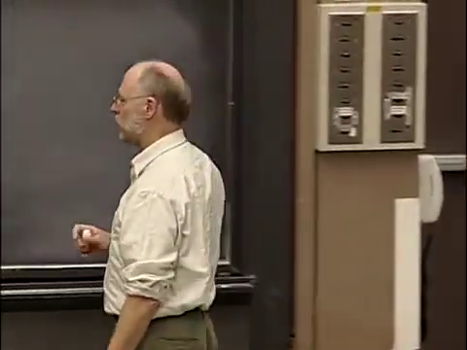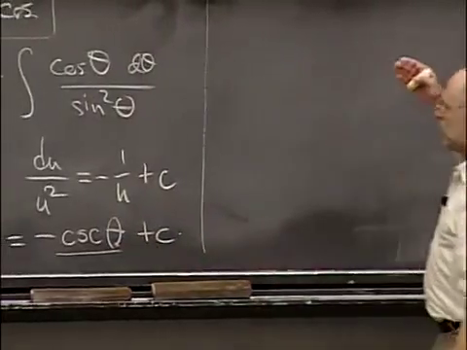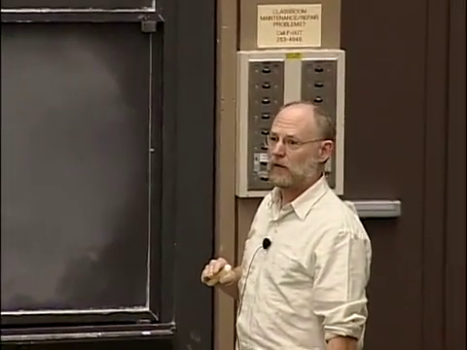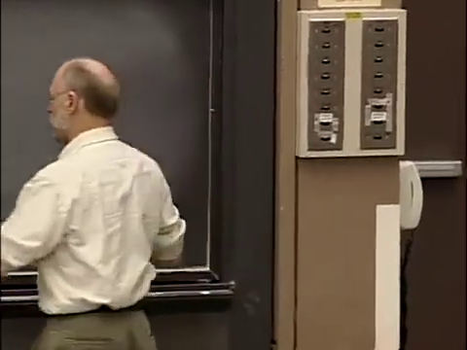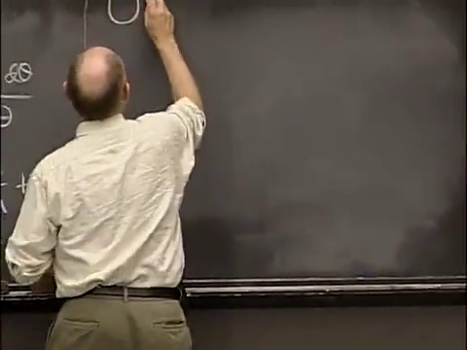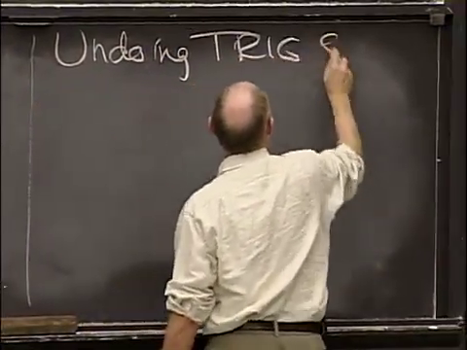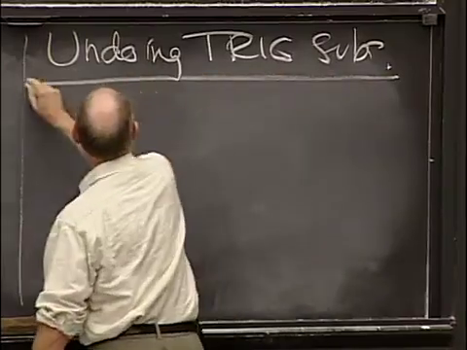This happens quite often. I don't know what the cosecant of theta is, but I do know what the tangent of theta is, so I want to make a relation between them. So, undoing trig subs.